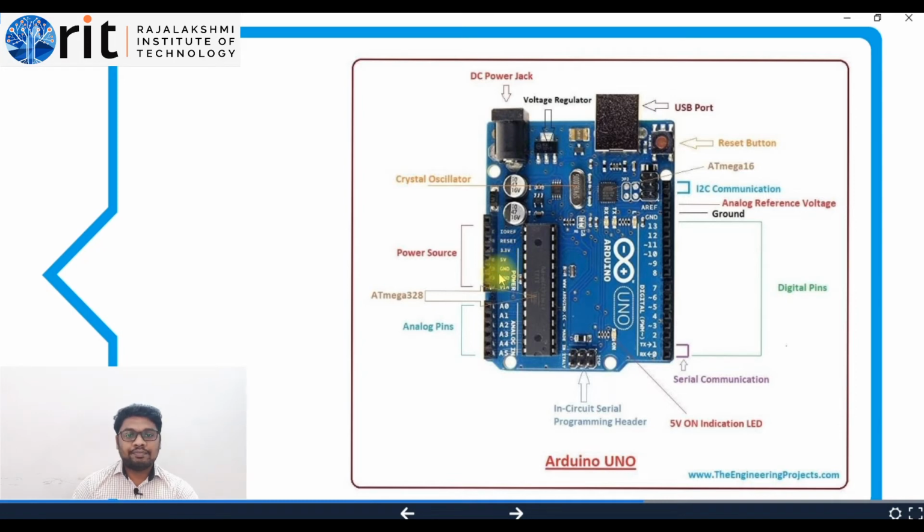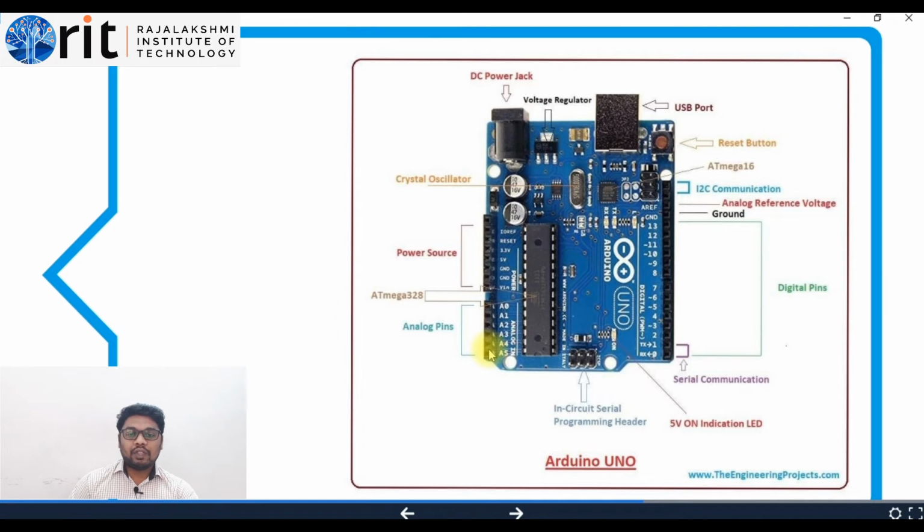We have 3.3 volt supply, 5 volt supply, two ground connections, and one Vin voltage input pin. All these pins can be used for getting 5 volt or 3.3 volt for the circuits, and if you require any ground pins, you can use them for your circuit.